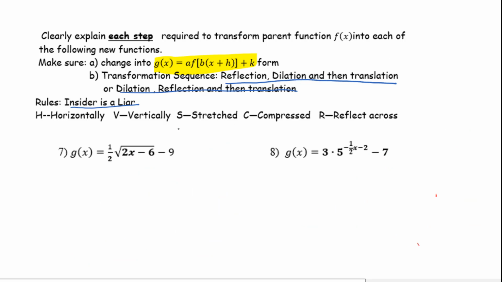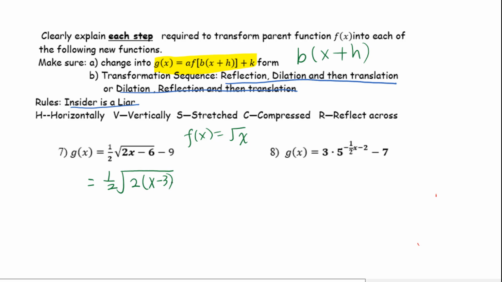Let's go to number 7. The parent function equals the square root of x. We need to change g of x into transformed form. That will be 1/2 square root. Remember the b times x plus h form. Therefore, 2 times x minus 3, minus 9. First step, second step, third step, fourth step.